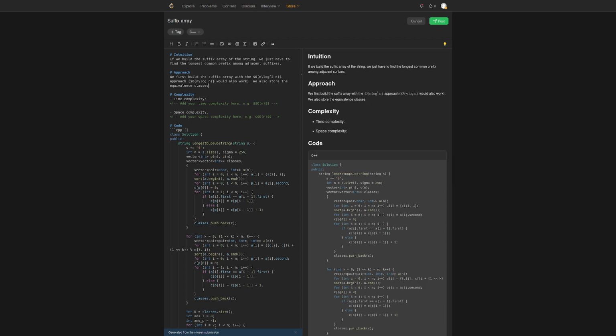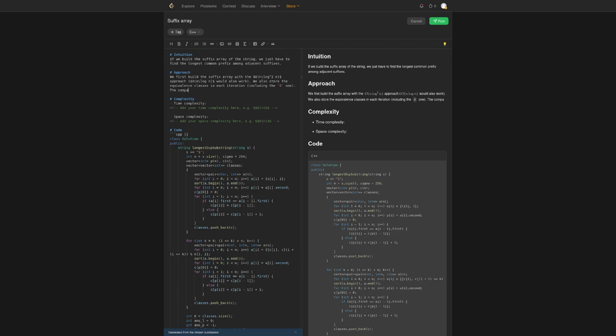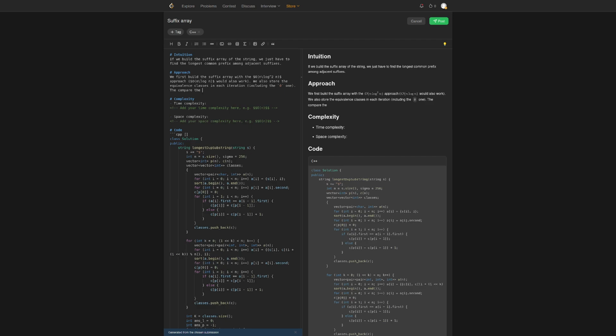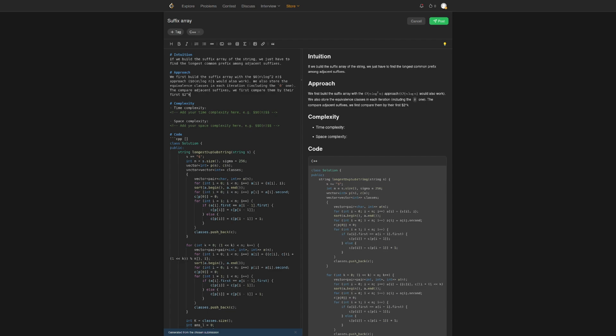We also store the equivalence classes in each iteration, including the 0th one, to compare adjacent suffixes. We first compare them by their first 2^k characters, which is stored.